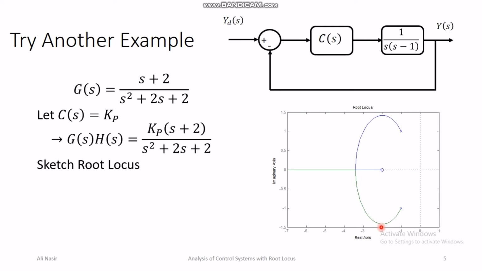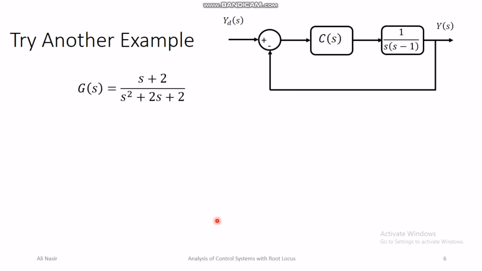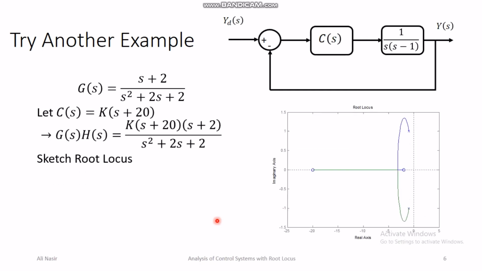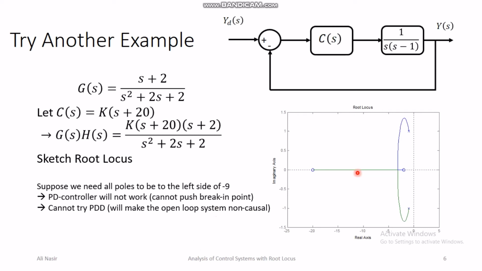With a proportional controller things looked very nice and very good, but just putting a simple constraint of settling time, all the niceness and the easiness of the example went away. And when we tried the PD controller, that's when the real worry came into play, that we cannot even try PDD because that would make the system non-causal.